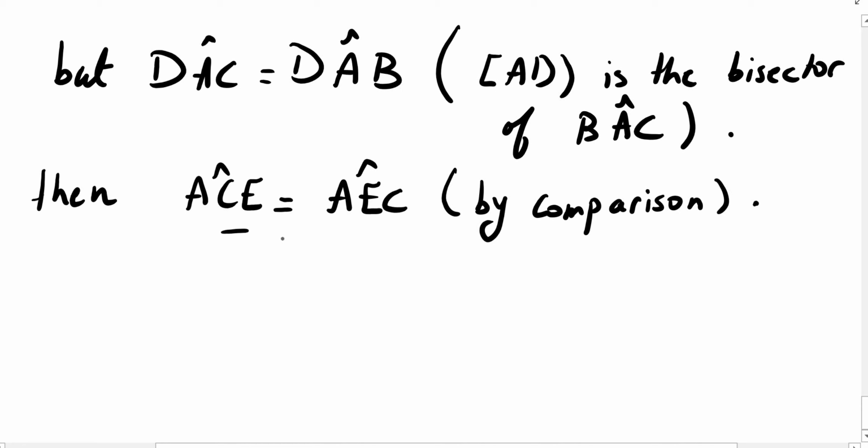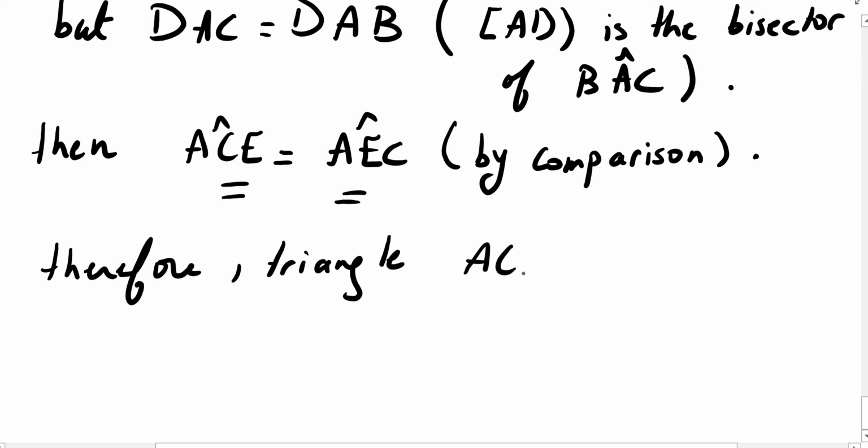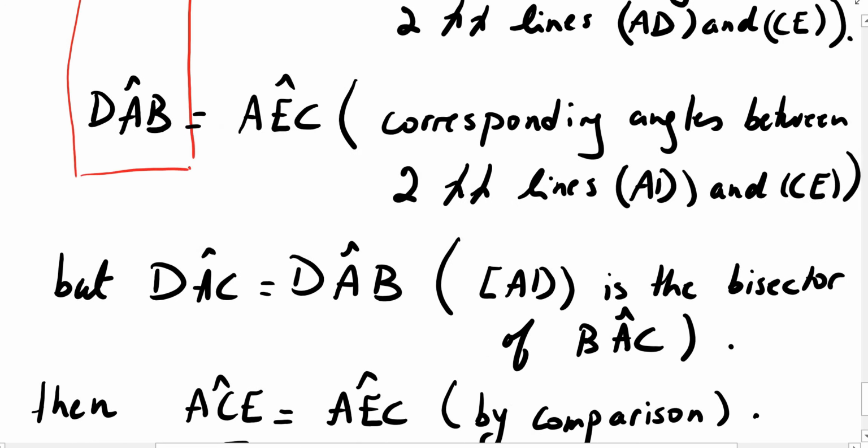Now since these two angles are equal, therefore triangle ACE is isosceles of main vertex A. Now why with main vertex A?